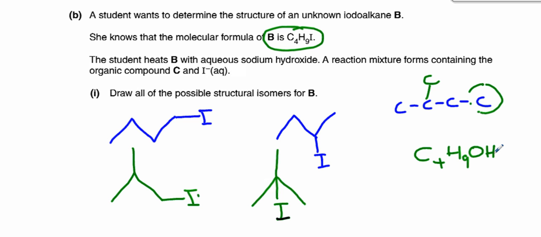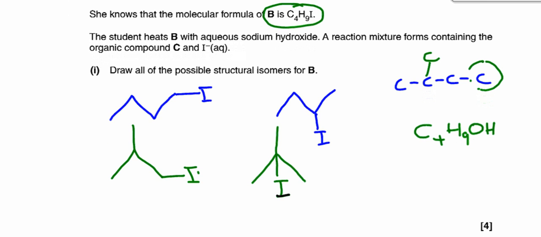From our knowledge of our reactions of haloalkanes with sodium hydroxide, we're thinking that that's going to be the compound C. But again, this is B, it could be any of these, and so compound C, which is going to be an alcohol, could be any of these where the I has been replaced for an OH. What our job is going to be now is to work out which one is actually being reacted.